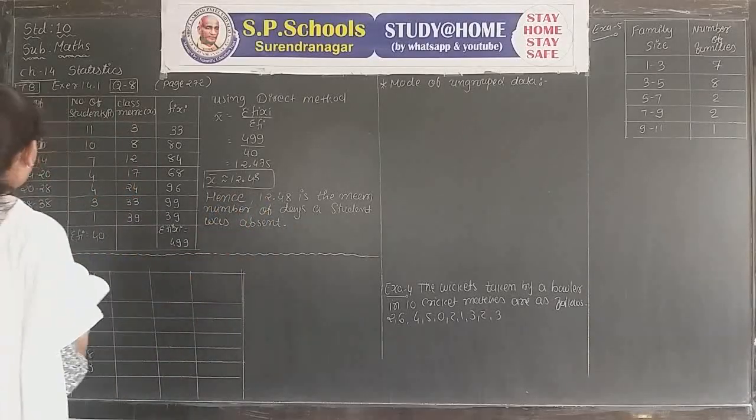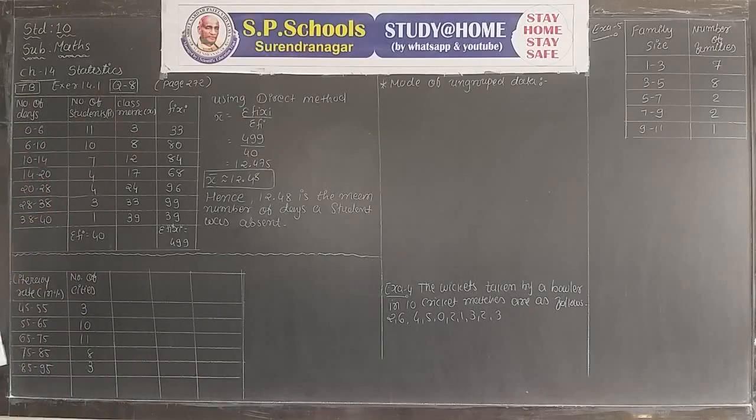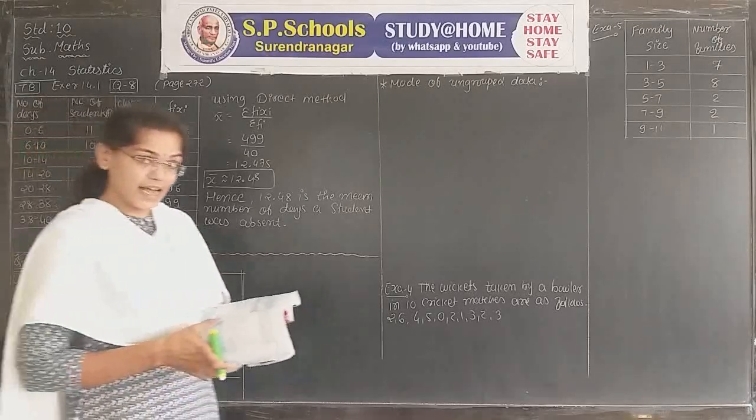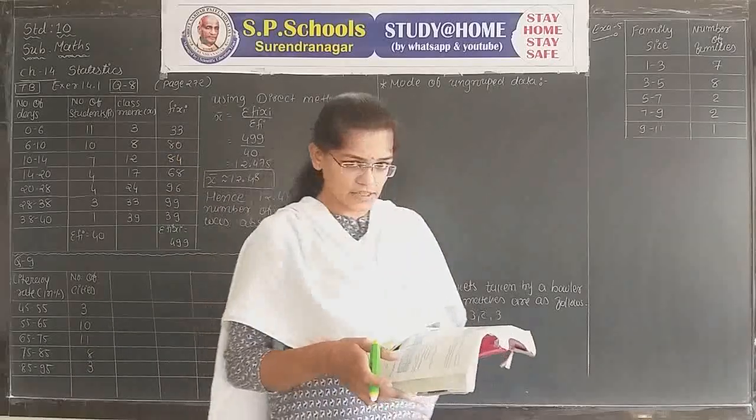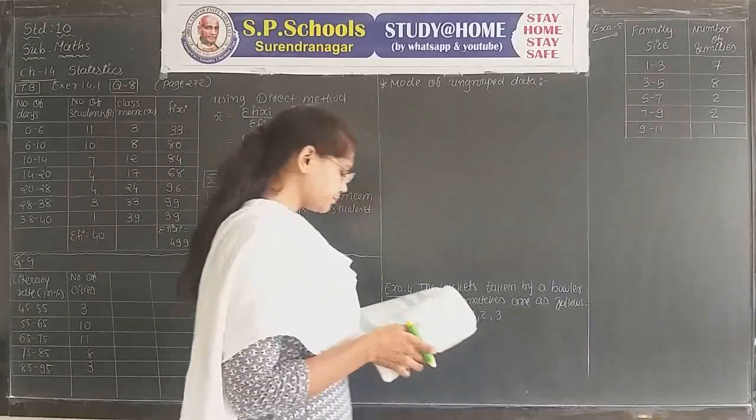Hence our 8th number is completed. Now we discuss the 9th number from exercise 14.1, which is the last mean question from exercise 14.1.